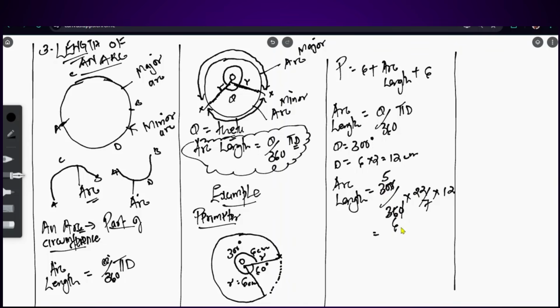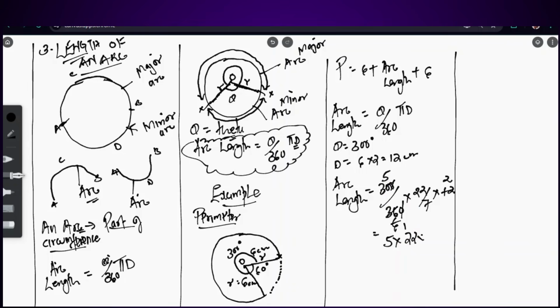I can simplify 6 into 12. How many times? 2 times. Then 6 goes into 6 how many times? 1 time. Do you have another number that you can simplify in the numerator and denominator? No. So I've remained with 5 here.